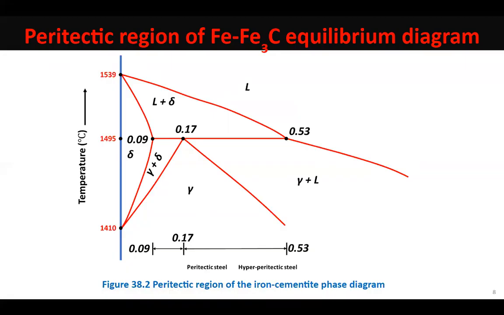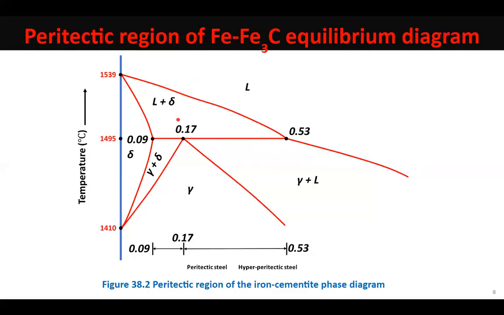We know that when we are cooling any iron carbon alloy, in that iron carbon alloy, if liquid of 0.53 percentage carbon and delta of 0.09 percentage carbon, in simple words, if in an iron carbon alloy, when we are cooling that alloy and when we reach the peritectic temperature of 1495, these two phases, liquid and delta, must be present.